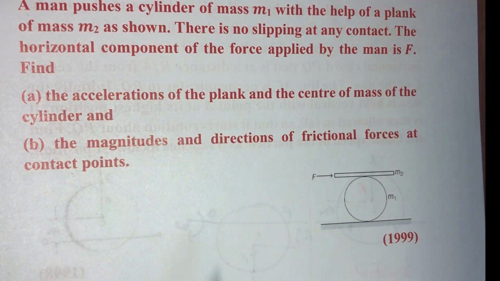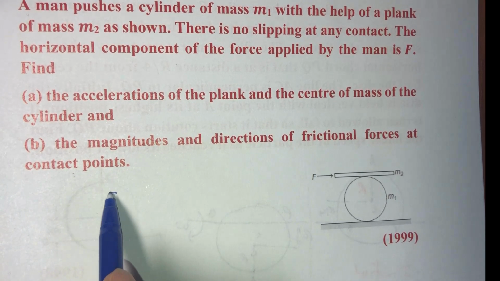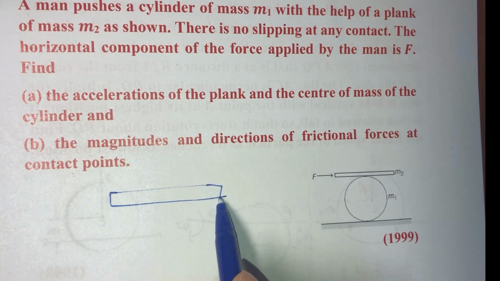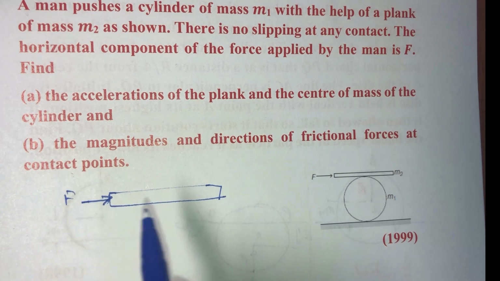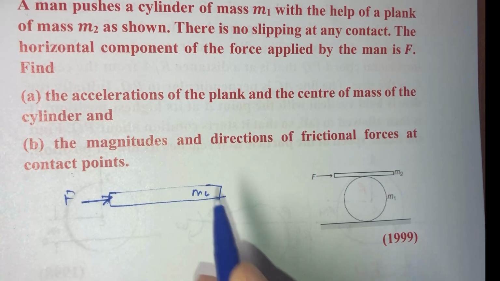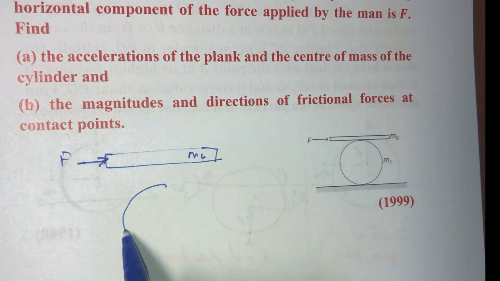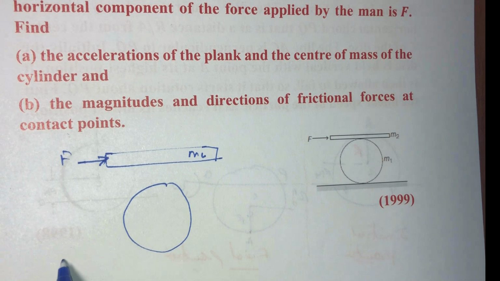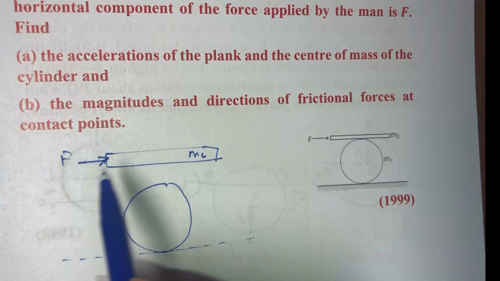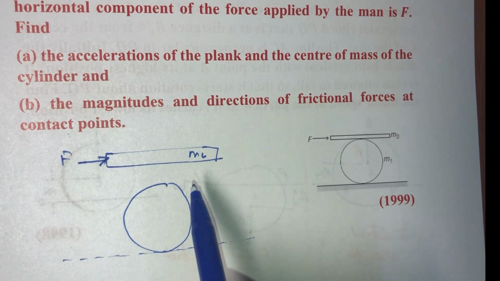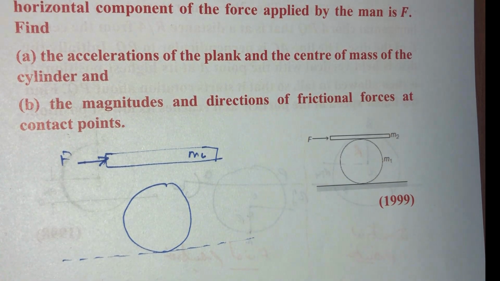So we can draw the figure separately, something like this. This is a plank, a force F is being applied on it, its mass is given as m2, and we have a cylinder on a surface.